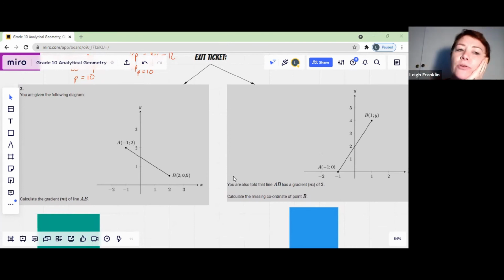Okay, so Katlego, you wanted to do the one on the left together. Write down your gradient formula.